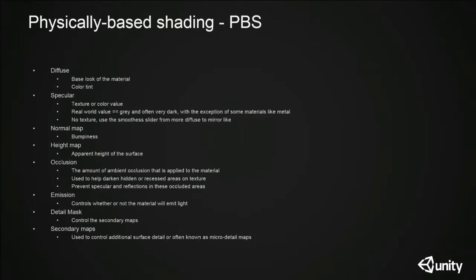With the detail masks, you get control over secondary maps, and one of the things that you could do is, let's say that with all of the diffuse, specular, and normal maps, you want to give the feeling of clothes, let's say tissue. With secondary maps, you could then put something on top of it, another kind of texture, so you get some embroidering on your clothes, or as we often say, micro details maps.